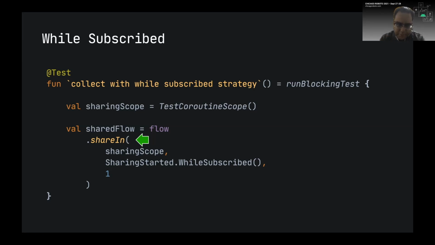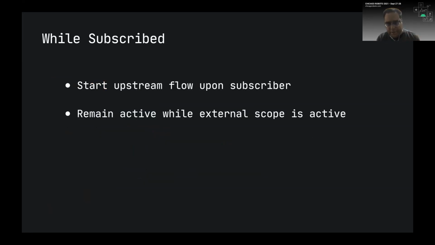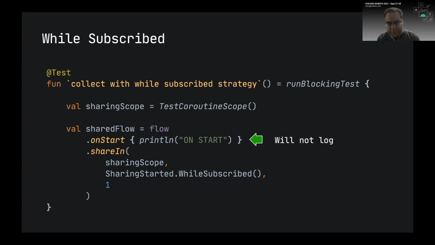One thing about WhileSubscribed is that when you create this shared flow, it won't start the upstream, because it waits until there's at least one subscriber. So onStart won't log here. It also remains active until the sharing scope is canceled. When you cancel it, all the subscribers will complete.